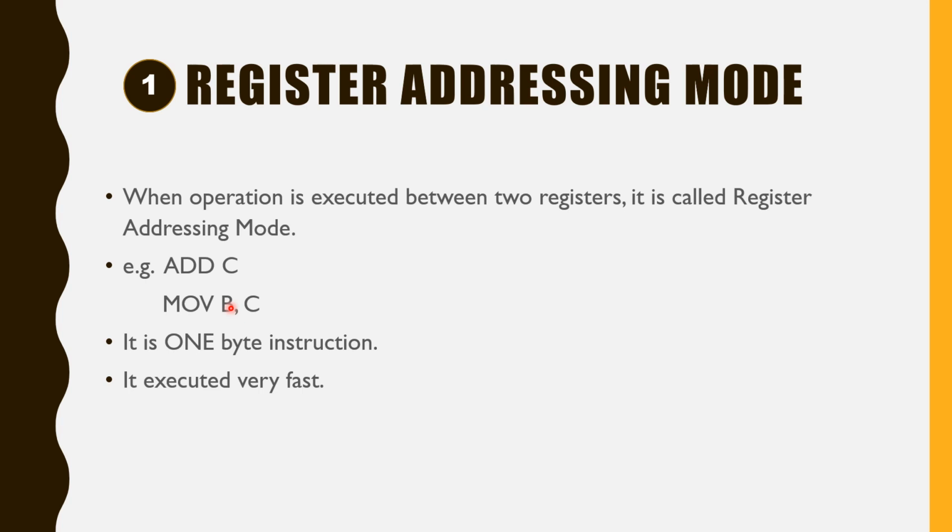In the 8085 microprocessor, moving a register means the data is actually being copied. So here the contents of register C are copied to register B. Again, this move operation is done between two registers, B and C, so it belongs to register addressing mode.